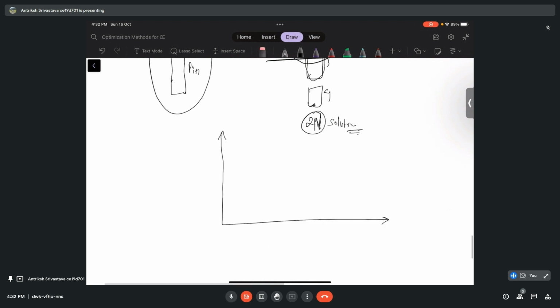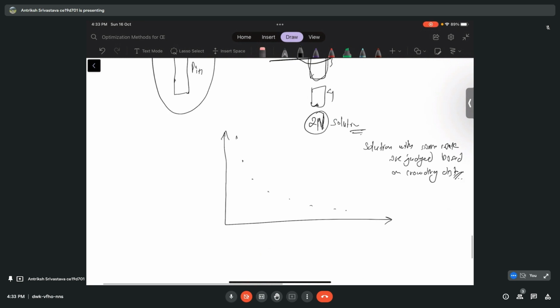Solutions with the same rank are judged based on crowding distance. The fitness value will be directly proportional to the crowding distance. So if a solution is well separated from the previous and the succeeding point, then it will be selected.